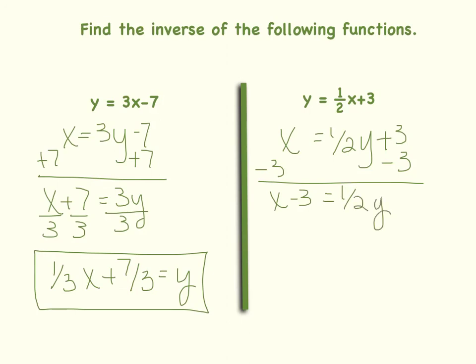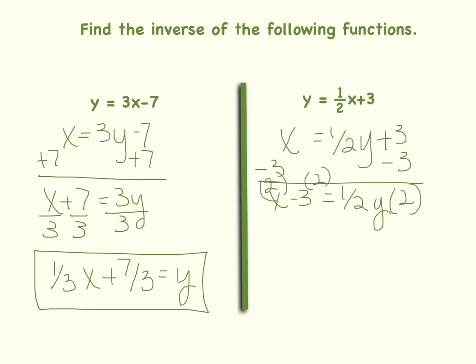Now, there are two ways that you can move the 1/2 from the right side to the left side. I like to multiply by the reciprocal. What's the reciprocal of 1/2? It's 2 over 1. So I'm going to multiply each term by 2.